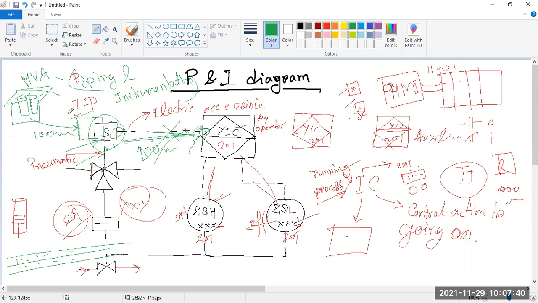This furnace temperature may be 1600 degrees centigrade. So what communication is there? There is some communication. So the controller is here, and sometimes your valve positioners are there. So many difficulties arise all the time.